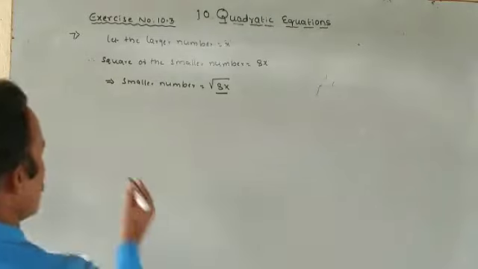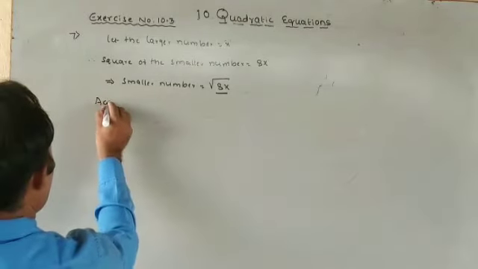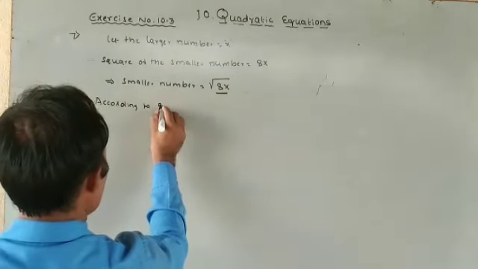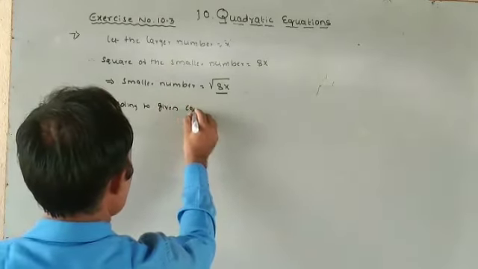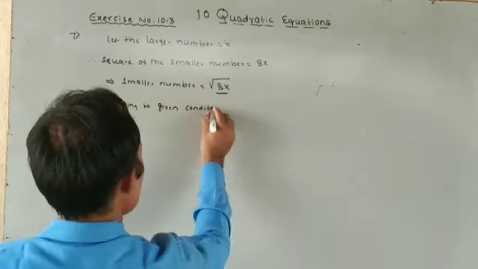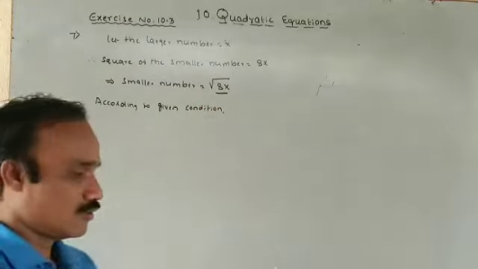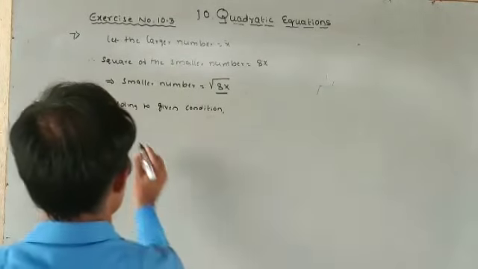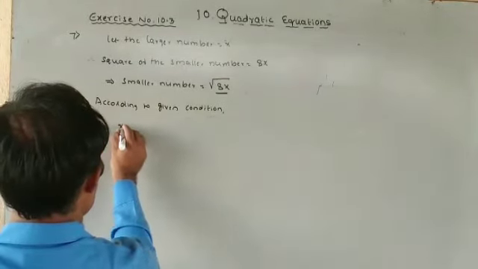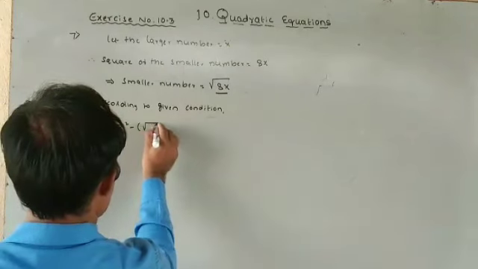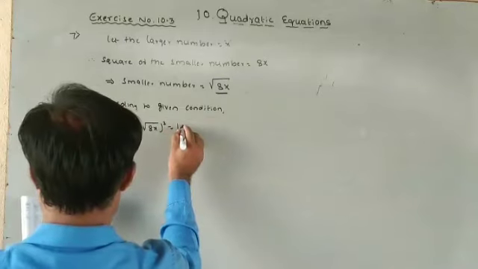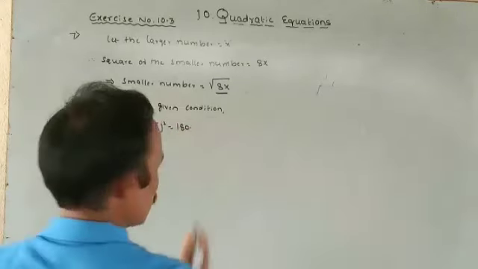And according to the given condition, what is given? The first line, the difference of squares of two numbers: the larger number x square minus the smaller number, root of 8x whole square, is equal to 180.